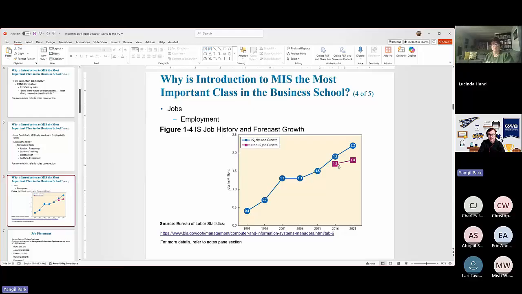As you can see, there's a growth rate of 1.7 and 1.8 for the future. I think this is a little bit outdated, because it's 21 out of 21. And if you click this link, you should be able to see the latest one, I believe. And if you look at that, IS job growth is a little bit higher than the average growth rate.